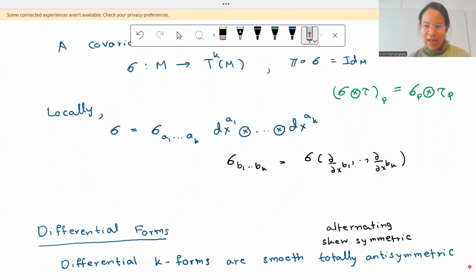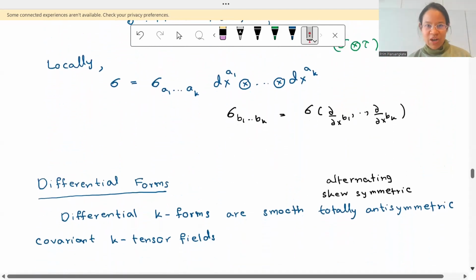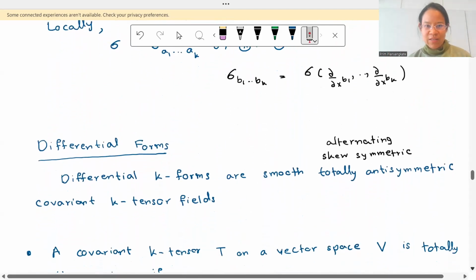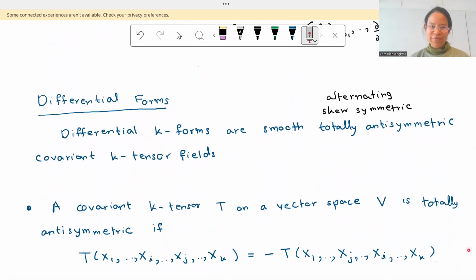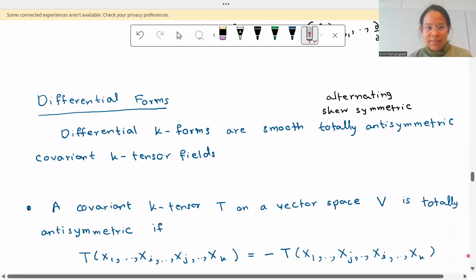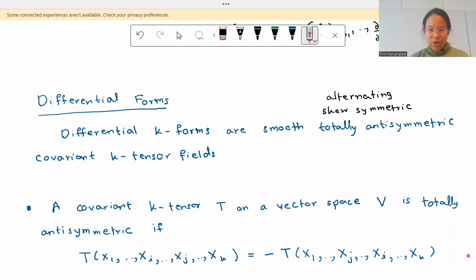Okay, now we come to the last topic that I'd like to recall about manifolds and tensor fields before we go to vector bundles. That is differential forms. So what are differential forms?